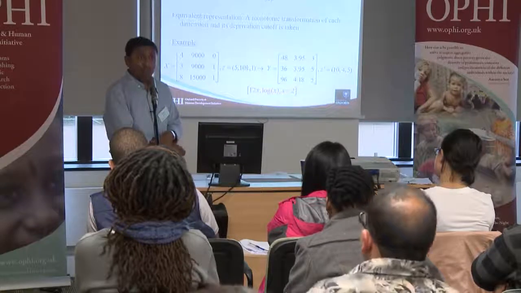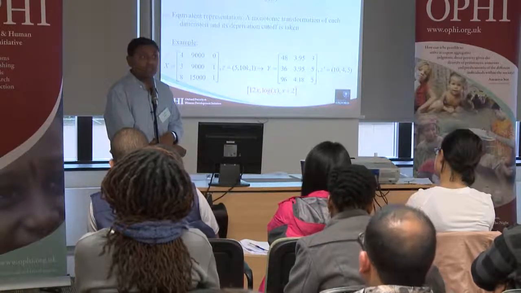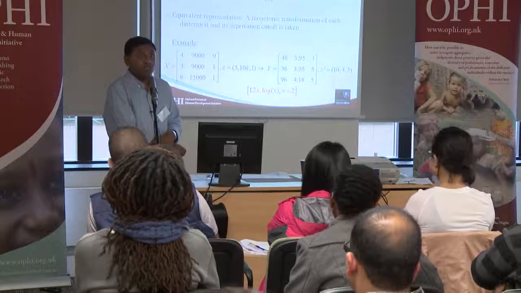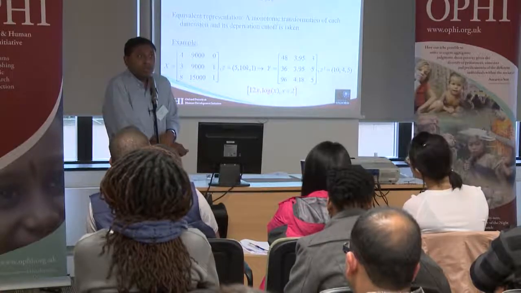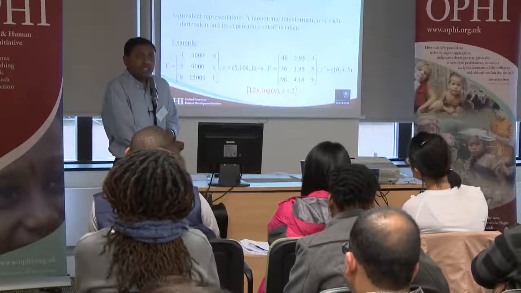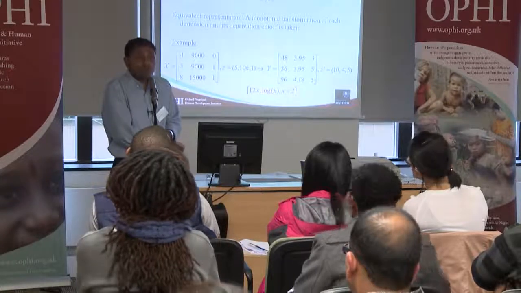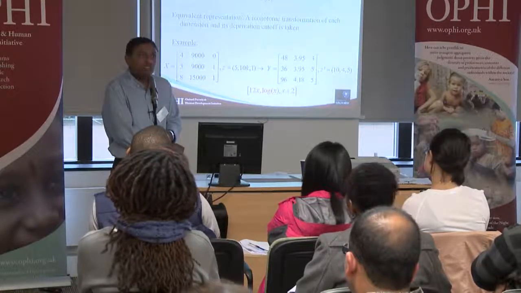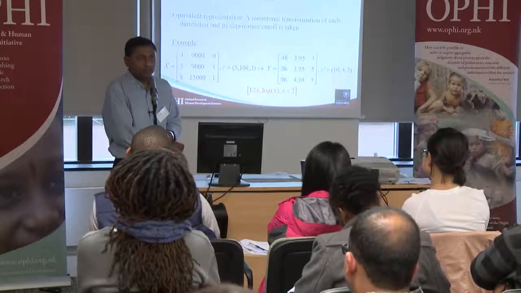When you change this 1, 2, 3, 4 to 1, 7, 15, 71, you have the order, but you will get a completely different poverty analysis. What ordinality is saying is that if you change this kind of orders or monotonic transformations, poverty should not change.